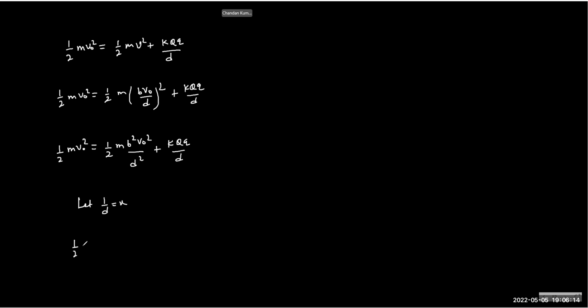So this will become half m v naught square equals to half m b square v naught square into x square plus kq qx, right? So now this is a quadratic in x which we can at least solve, right? Let's multiply by 2.